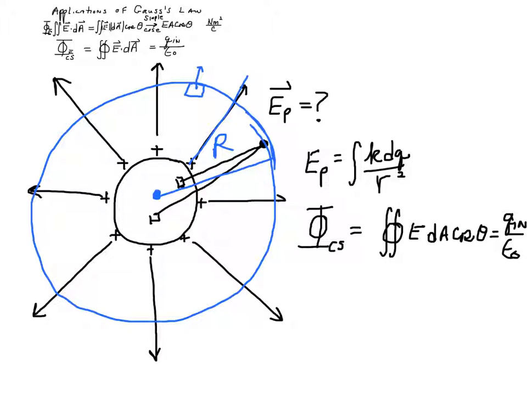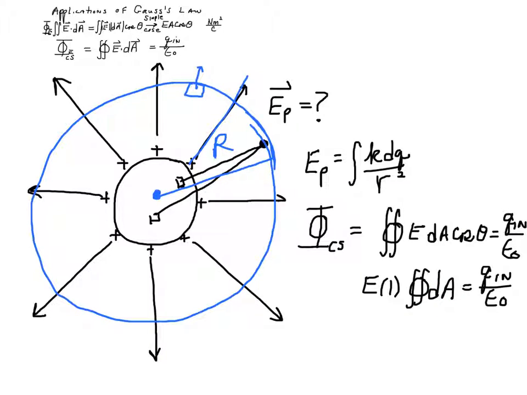So since the E and the cosine of theta are constants, we can rewrite this in this way. And so we have the simple case where the E and the cosine of theta, which is 1, is taken out of the integral. All we're doing is integrating all these little dAs over the entire sphere, which gives us the surface area of a sphere.